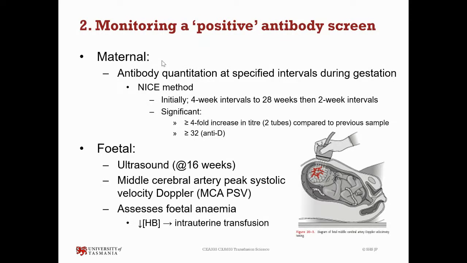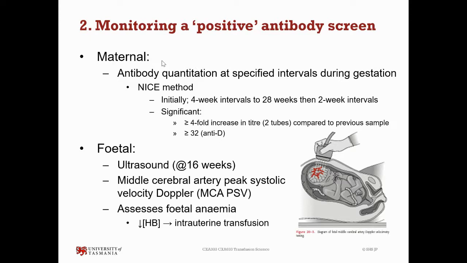And that increase means that the mother's immune system is being stimulated, and that is most likely due to the fetus having the corresponding antigen. So you can see we do it initially at 12 weeks, and then at 16, 20, 24, and 28 weeks, and then 2-week intervals after that.